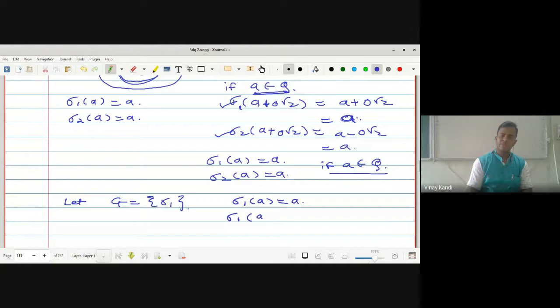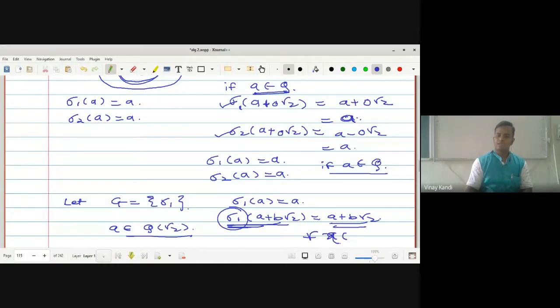Sigma 1 of a plus b root 2, by the definition of sigma 1, is a plus b root 2. So take any element of Q root 2. We get each and every point is fixed for all the elements of G. All the elements, meaning how many here? Only one. So sigma 1 of a plus b root 2 is equal to a plus b root 2 for all a plus b root 2 belonging to Q root 2.